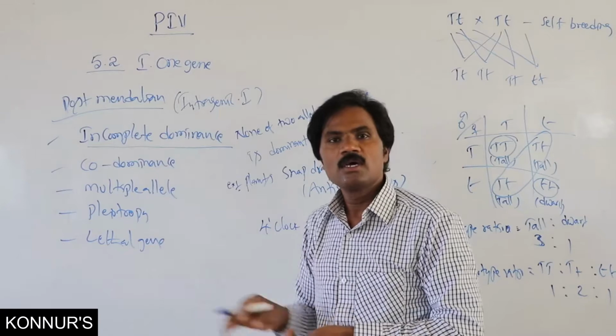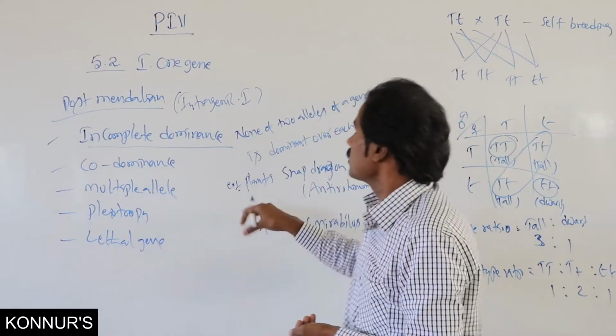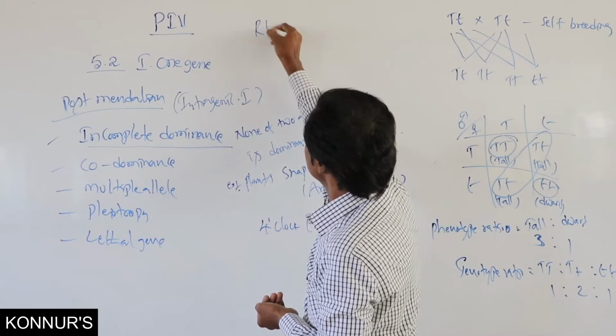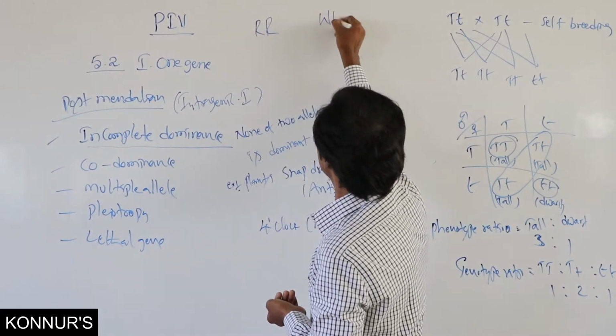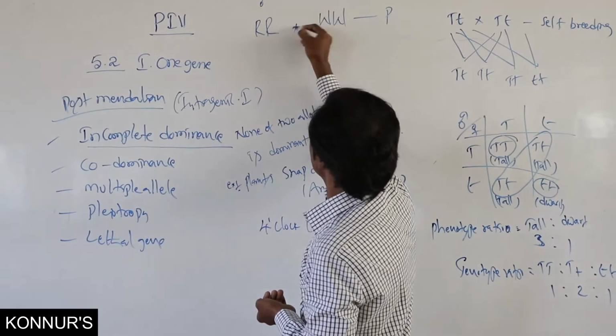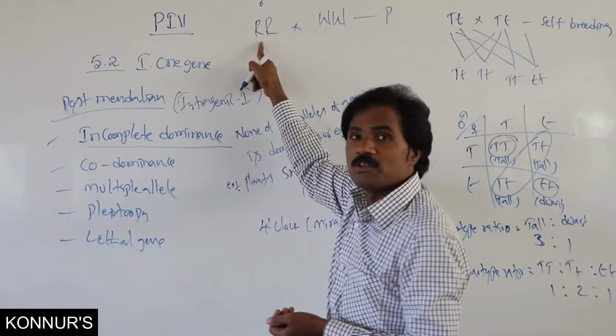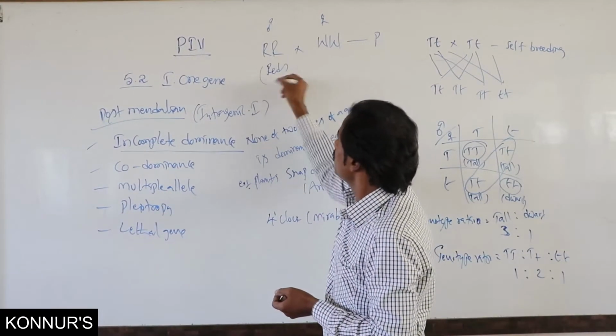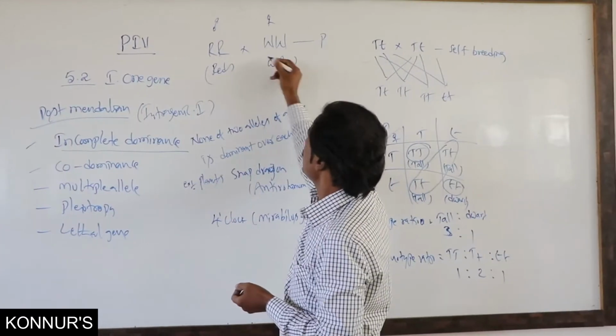In these two plants, they have taken parental characters, one male and one female. This genotype represents red in color. In phenotype, this one is white in color.